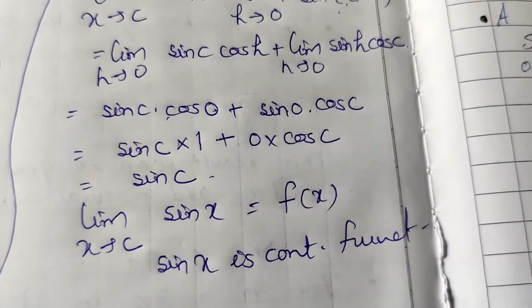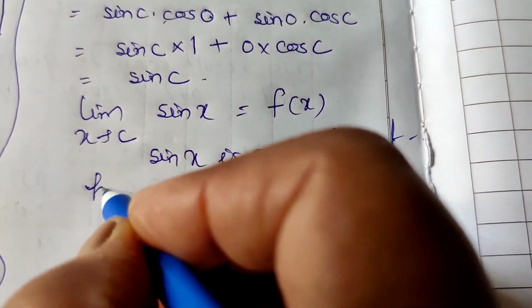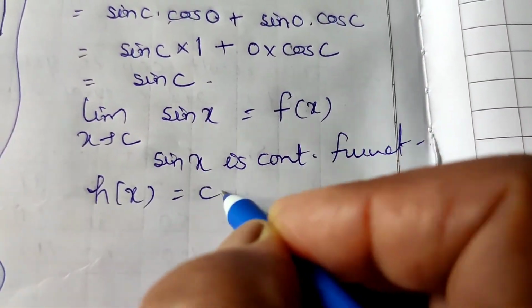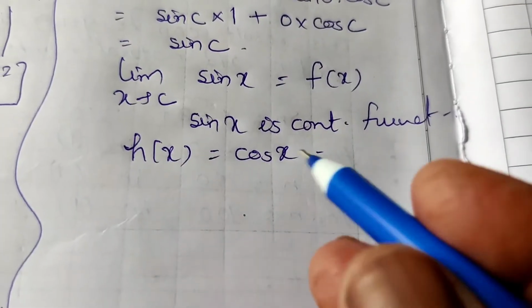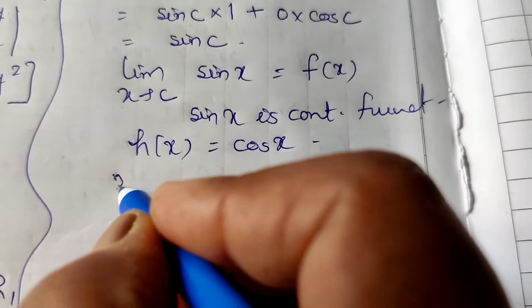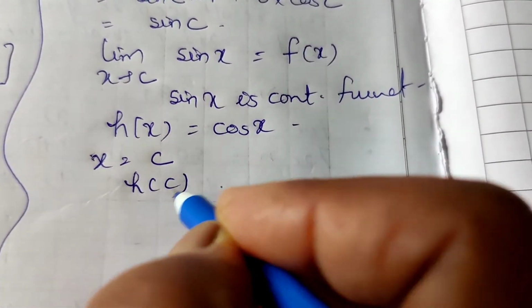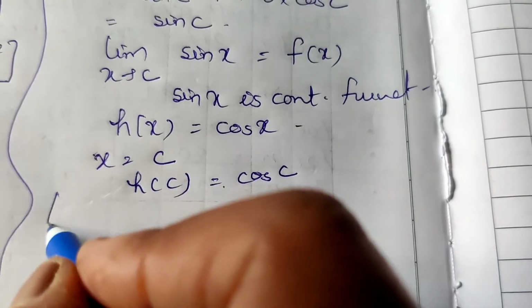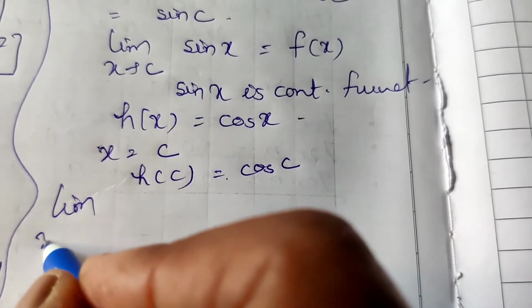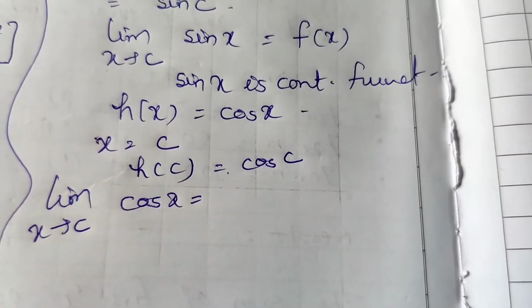Now prove cos x. In the same way, let h(x) equal cos x. Take x equal to c as a point; then h(c) equals cos c. In the same way, the limit x tends to c of cos x.